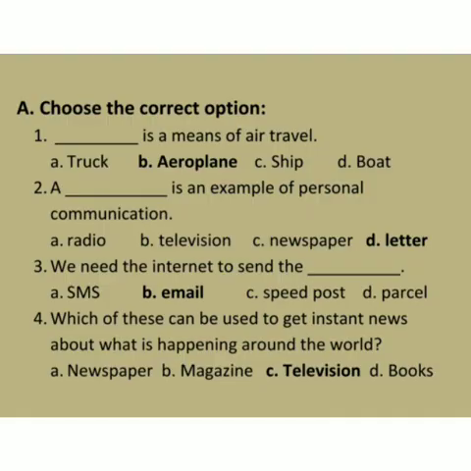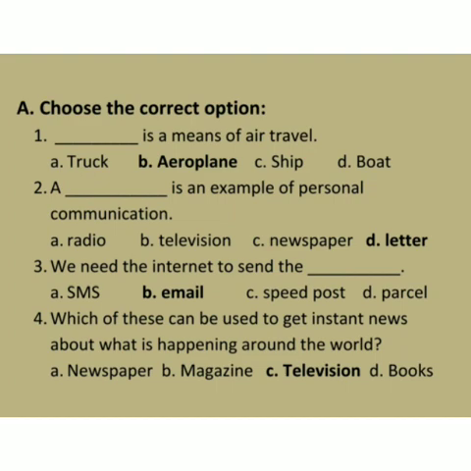Okay? So let's see. Dash is a means of air travel. And the correct answer is aeroplane. Yeah, B, aeroplane. A dash is an example of personal communication. So, what's the correct one? D, letter, right.